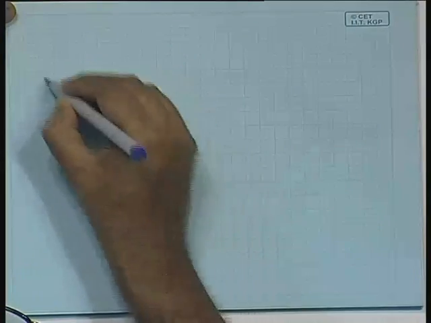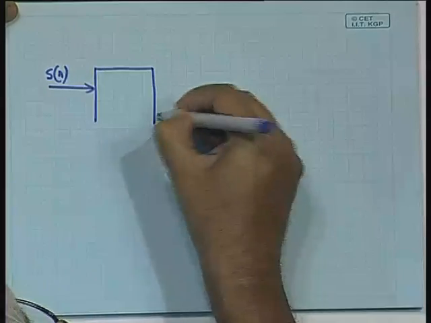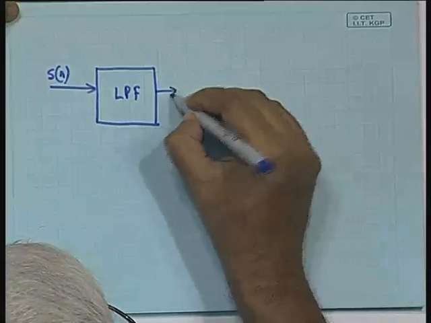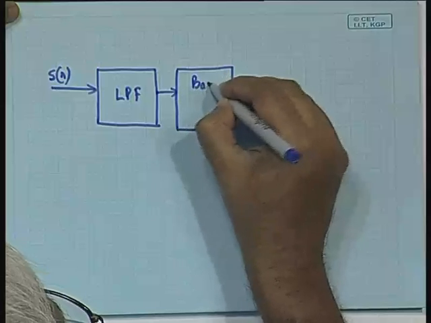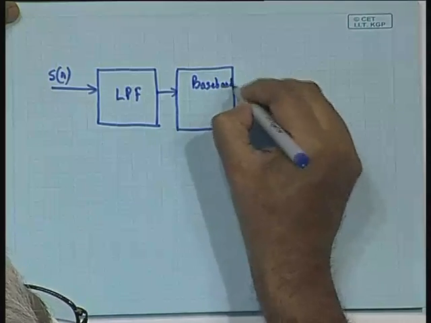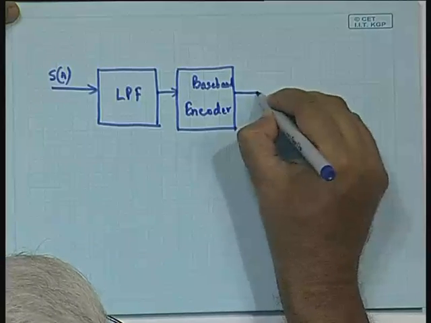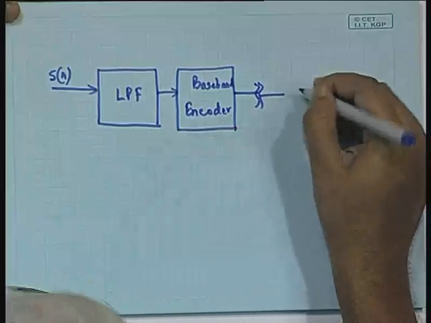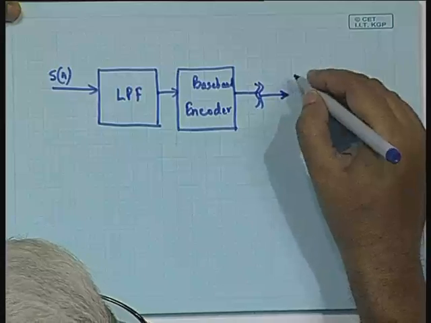The input to this is s(n), and then we have a low pass filter, then a baseband encoder, and then a nonlinear block.